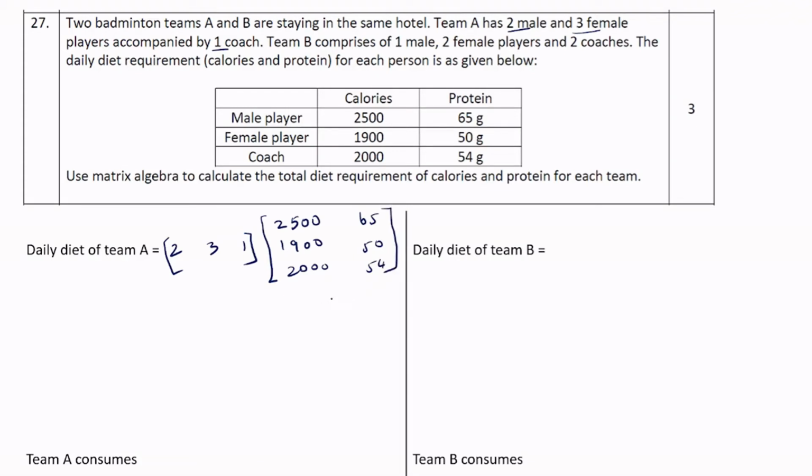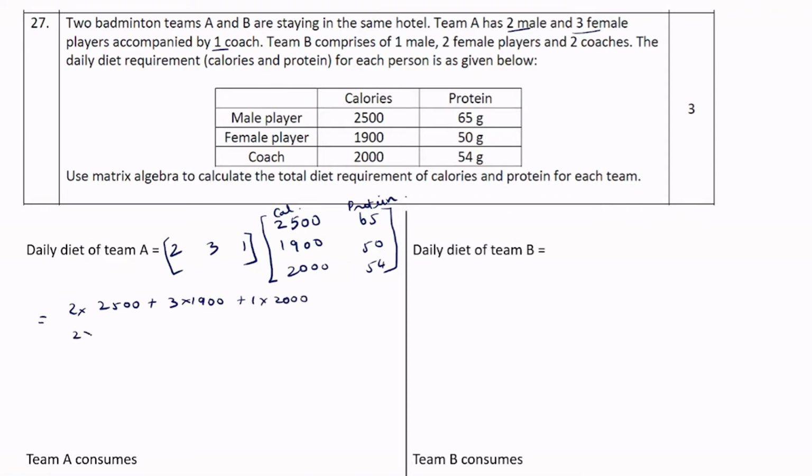After performing matrix multiplication, we will be able to get the total diet requirement for each team. So this is with respect to calories and this is with respect to protein. Now let us multiply these two matrices. This is equal to first row, first column. So it is 2 into 2500 plus 3 into 1900 plus 1 into 2000.